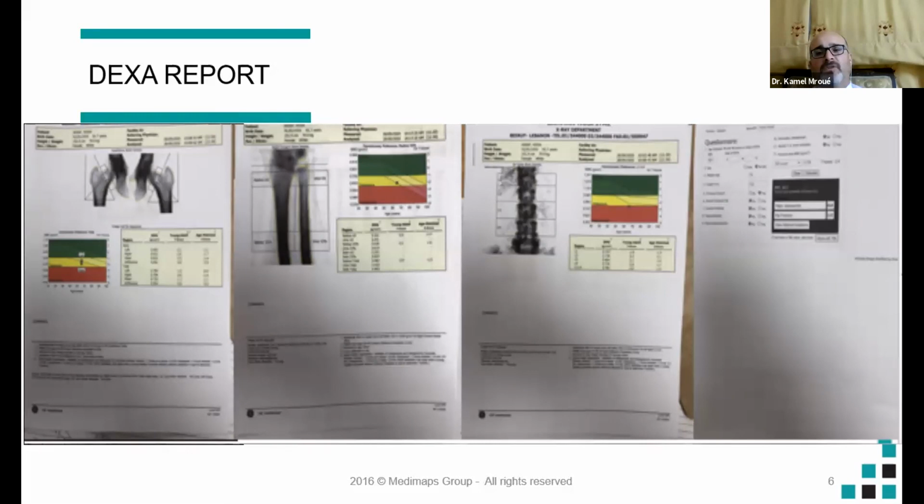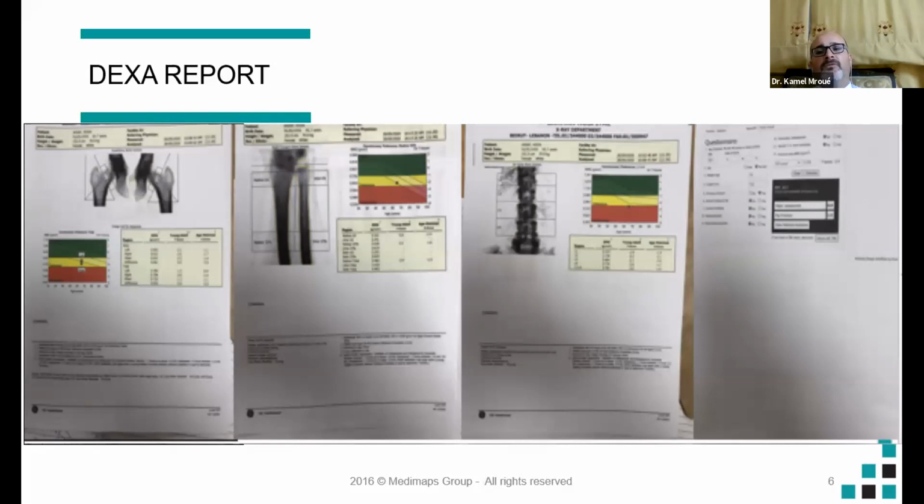And out of these, we have the new modality of FRAX, which is a software that gives us the risk in 10 years if we will fracture or not, whether at different areas, major osteoporotic fractures, or at the hip.